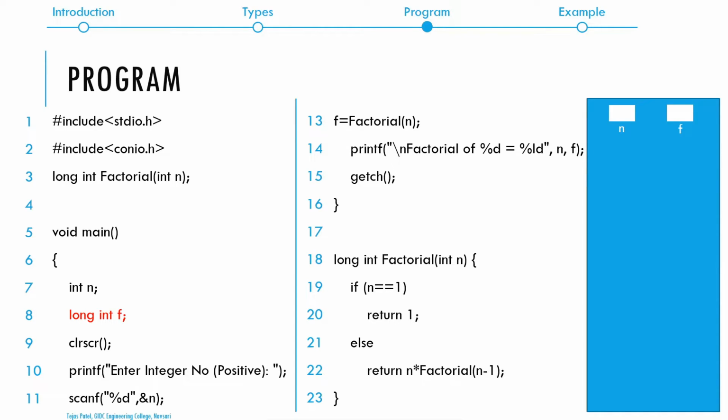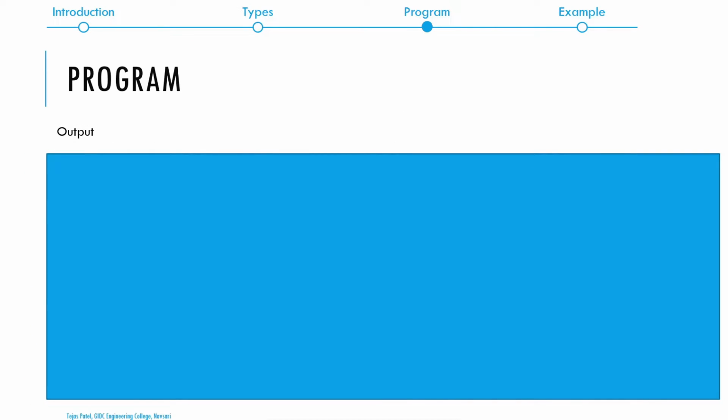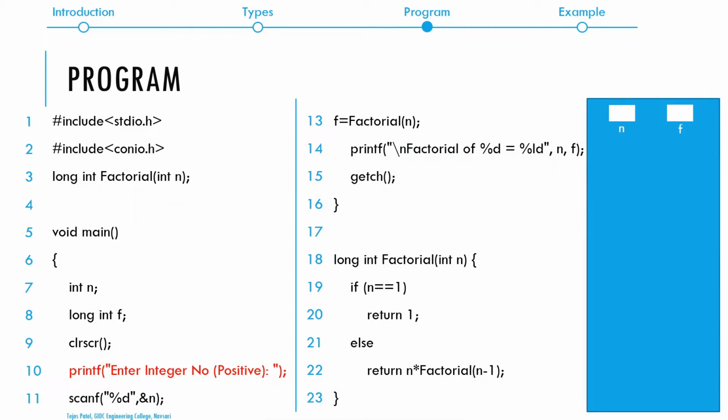Next we have clr_scr, which simply clears the screen and removes the output from previous execution. As of now, we will have the output screen like this, an empty screen. Next is a printf which prints the message shown here. After execution of this statement, output screen would look like this.